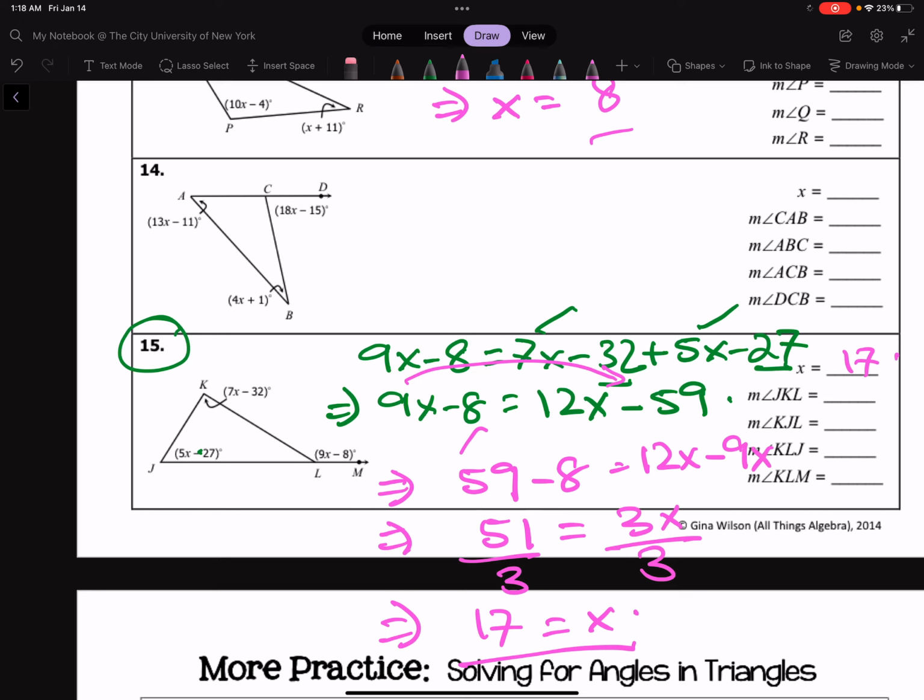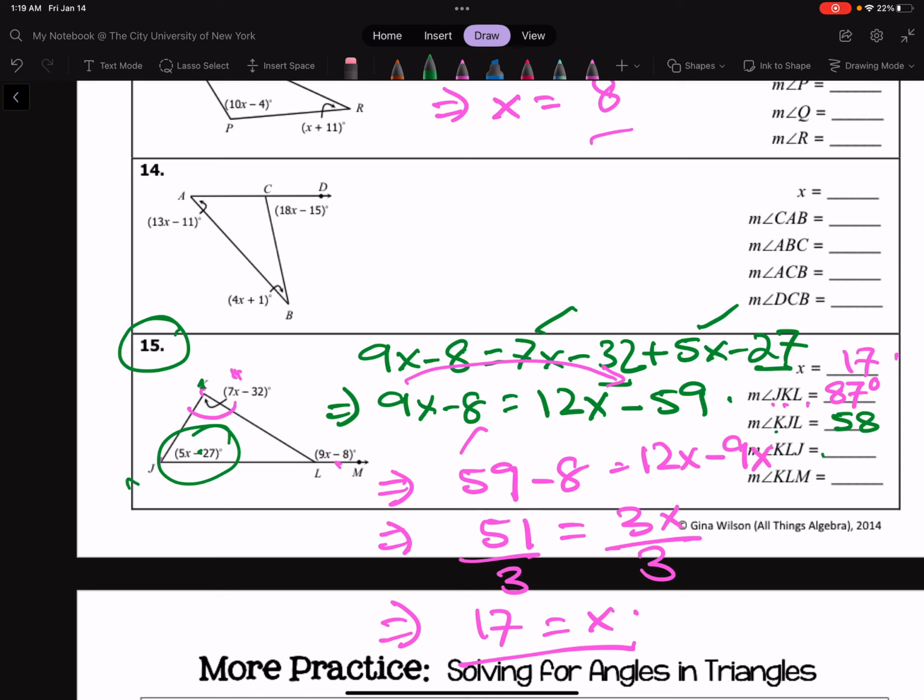Now to find the other values, you need to find JKL. So for JKL, plug in the value x as 17. I think what you should be getting is 87. And then KJL is this one, so 85 and 27 is gone from that, so you should be getting 58 over here.